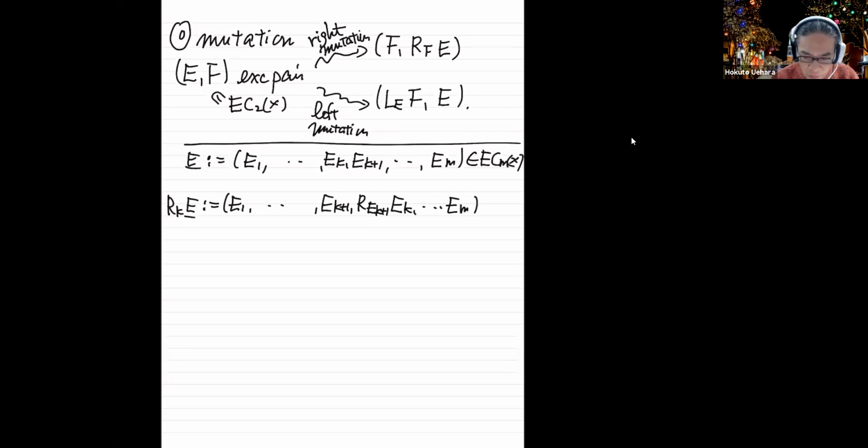So I mean, this changes the exceptional pair by right mutation.